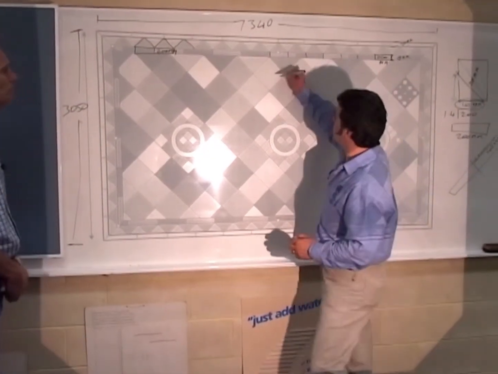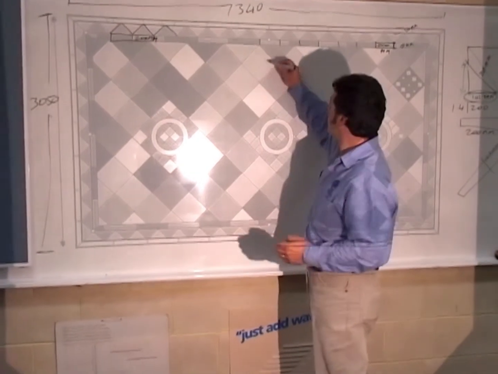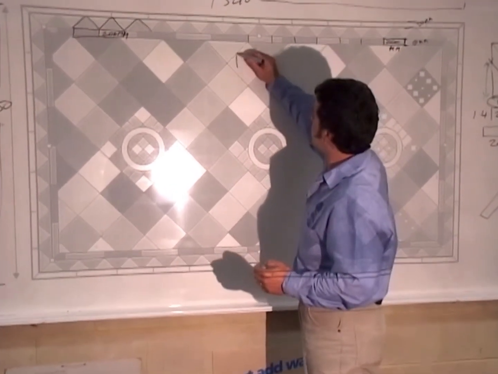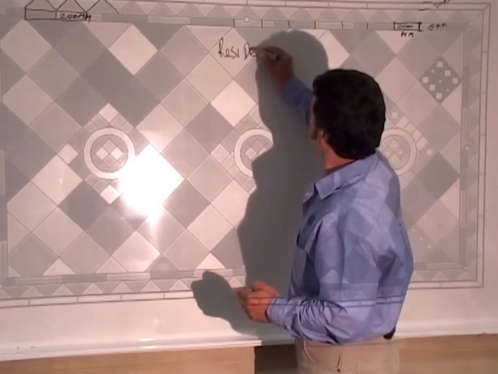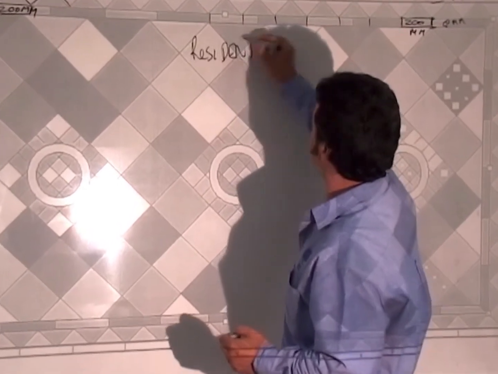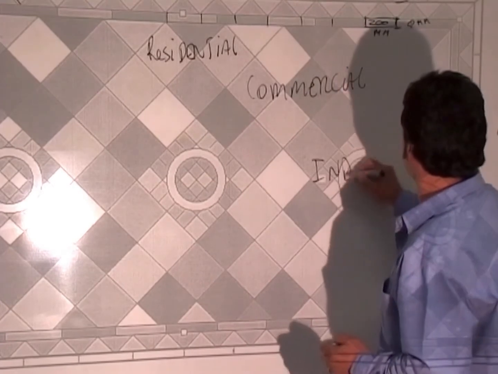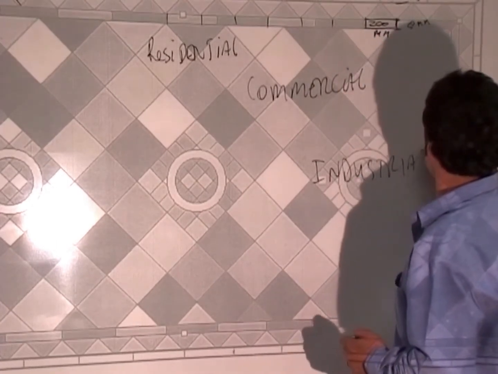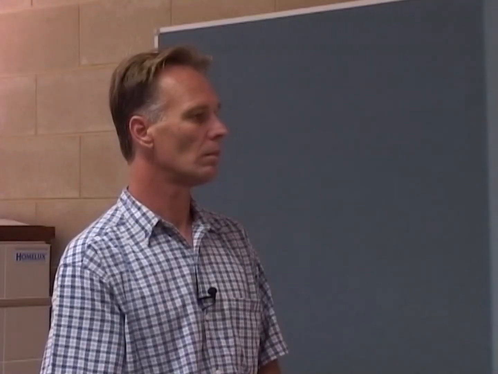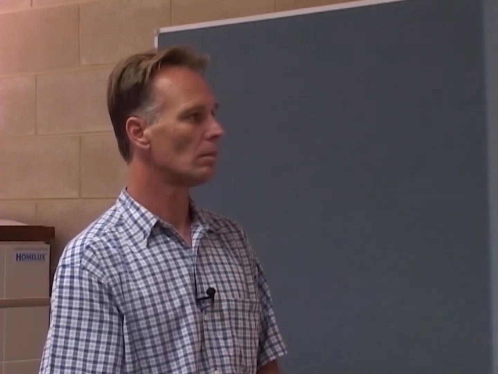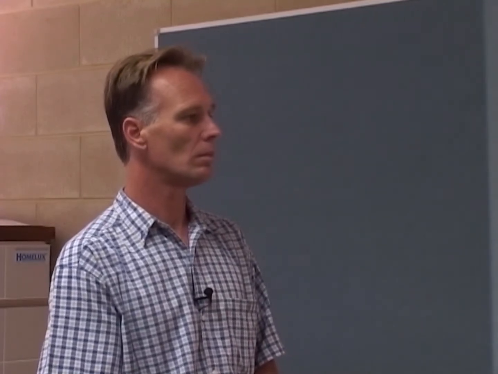What type of tiles would you use in an area like that where there'd be a lot of people going through? Anthony, tiles are manufactured for different intended uses. You'll have residential, commercial and industrial. Obviously industrial would have an extra heavy-duty surface.